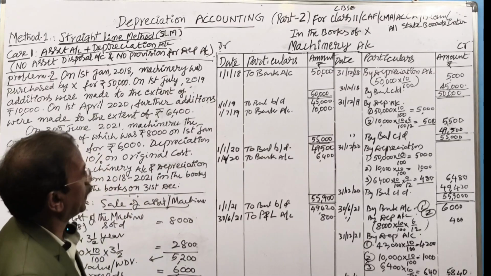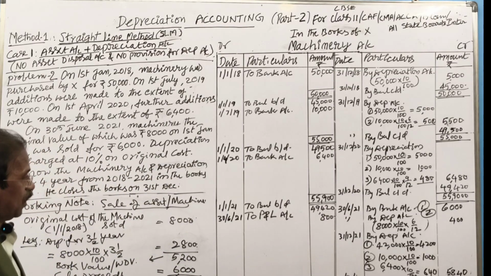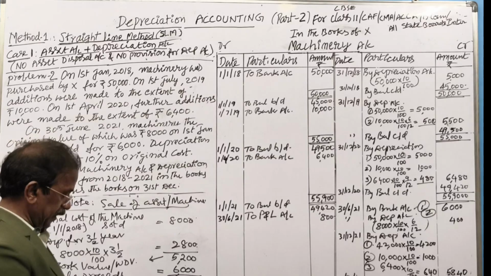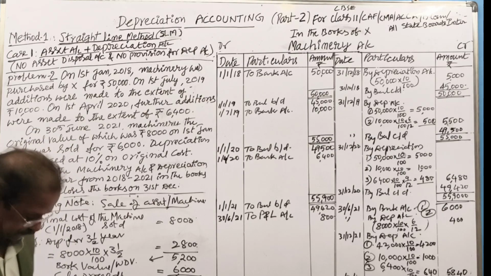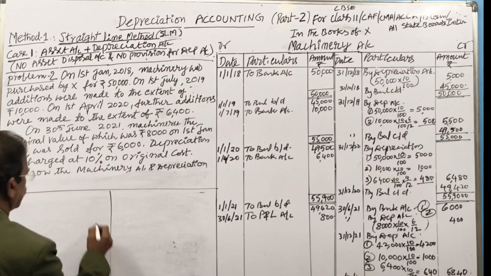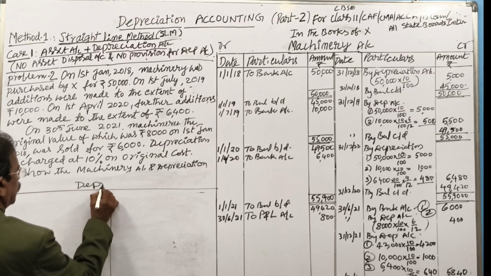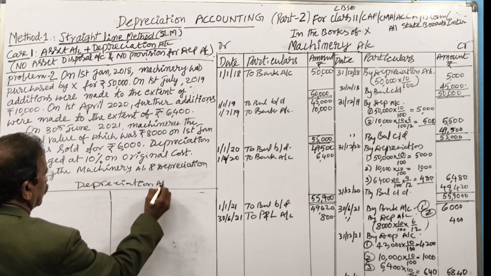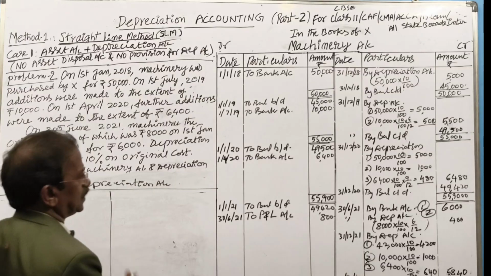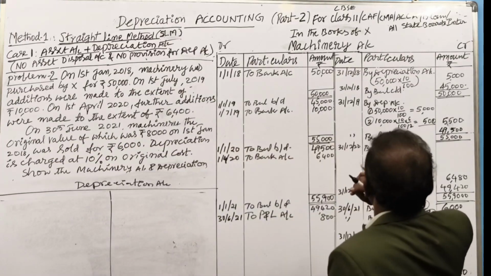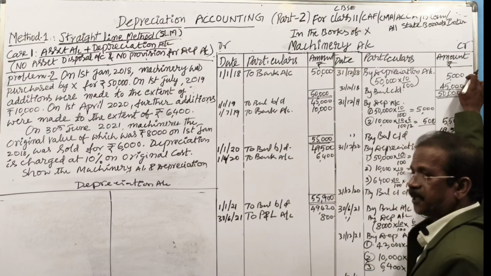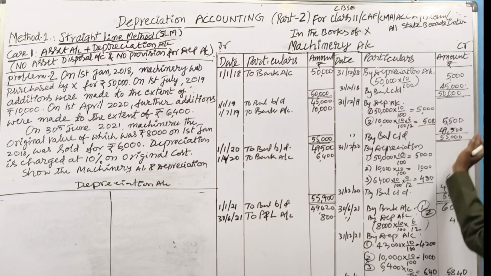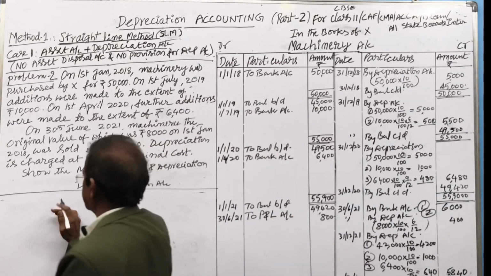Now let's prepare the depreciation account. How to prepare the depreciation account? This is very simple. Whatever depreciation you have recorded on the credit side, you have to record on the debit side.